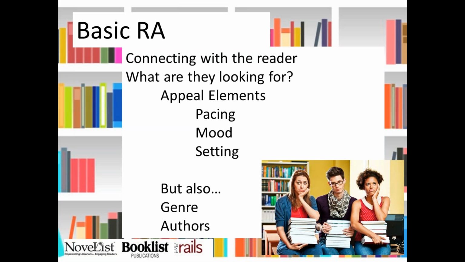For instance, instead of asking what mood they're looking for, try asking, what's the last good book that you read, or what is something similar that you're looking for, and ask them how they felt when they were reading it. How did it make them feel? How did they want to feel? So it's just a little bit about changing our language to be a little bit more casual.